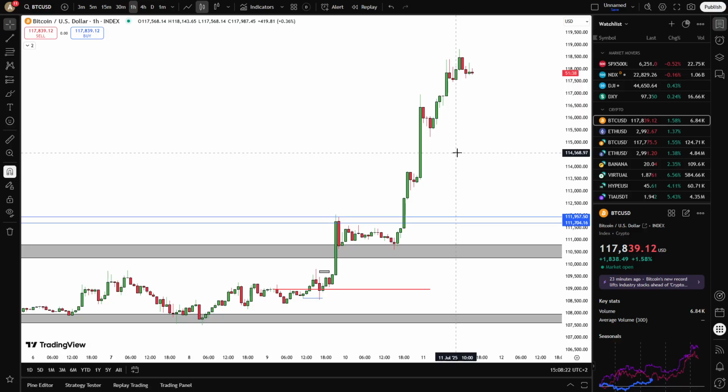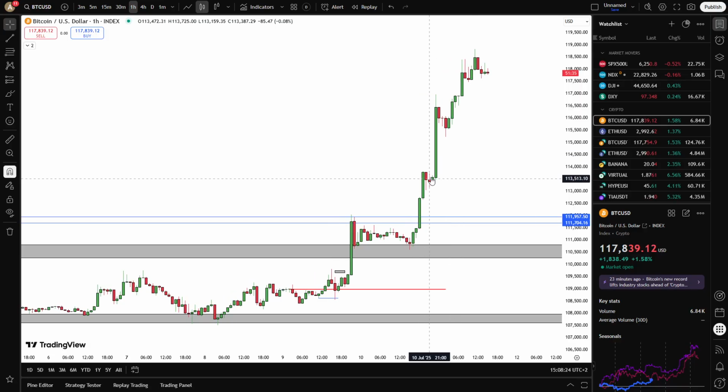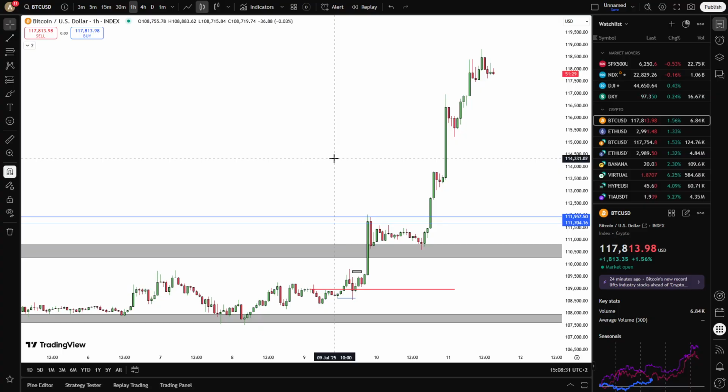But the thing we were talking about yesterday, price was trading right around here when I made the video. So what do we get? Because I was leaning a little bit towards the downside, but like usual, we are looking at both sides. So I had a clear invalidation for that lower time frame range to be a distribution where we rotate first back to the downside, or a continuation pattern where we break out.